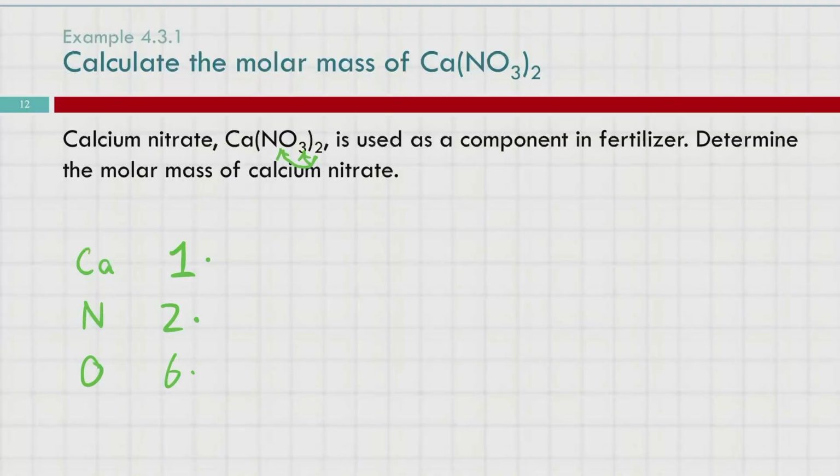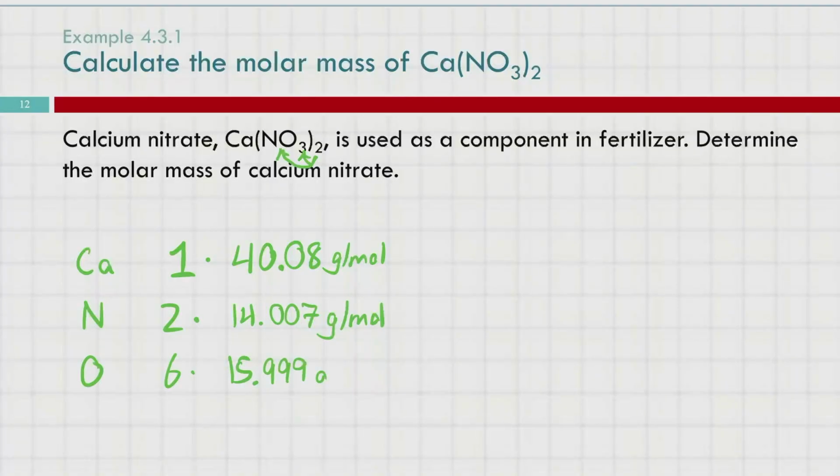Then we would look up our molar masses for these. Calcium is about 40.08 grams per mole. Nitrogen, 14.007 grams per mole. Oxygen, just shy of 16 grams per mole.